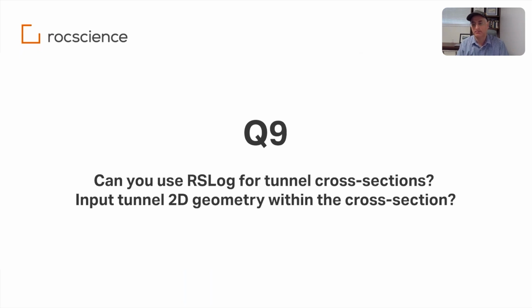And the last question is, can you use RSLog for tunnel cross sections, and input tunnel 2D geometry within the cross section? Okay, to import to the cross section: on the profile page, there is an import button, and in the import button there is import from CSV.